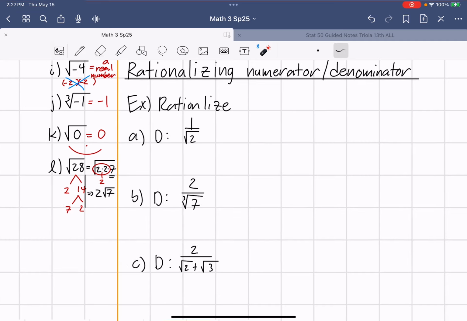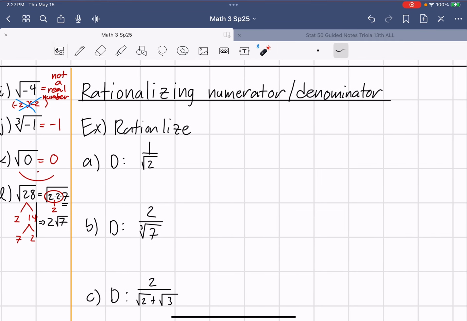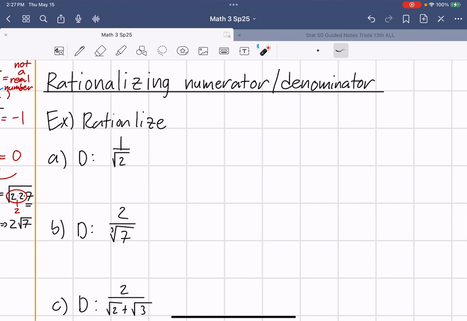Another idea for radicals that's really important, a little obsolete at this point, but still applied when you start dealing with calculus or trig, is being able to rationalize either a numerator or denominator. The rules apply the same. To rationalize means going from irrational to rational.